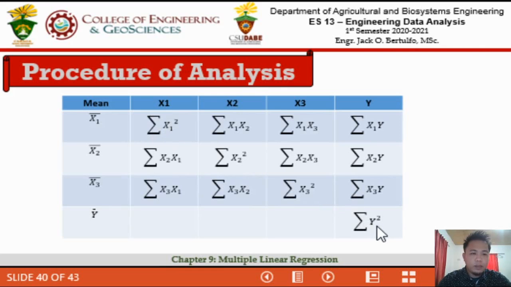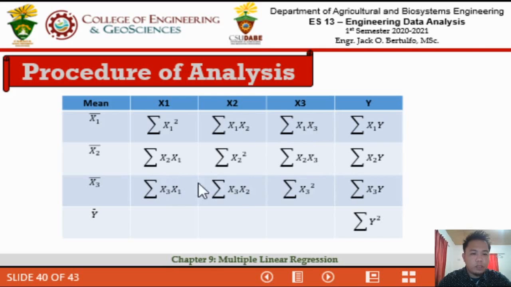Then after the diagonal, going up, this is the corrected sum of squares of the cross products x1, x2, x1, x3, x2, x3, then the corrected sum of squares of the cross products for x1, x2, x3 to y. x2 and x1 is the same as this. x3 and x1 is the same as this. x3 and x2 is the same as this.